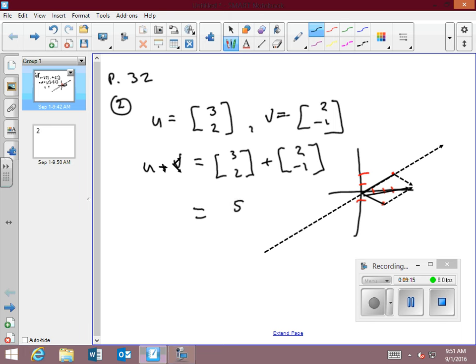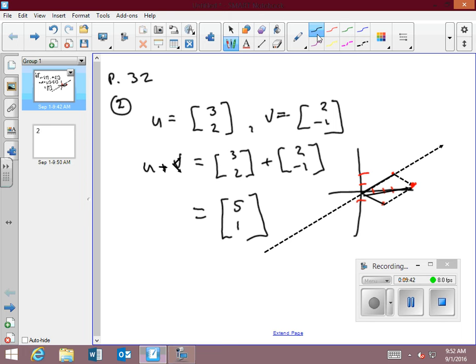Then the 2 minus 1 is 1. So it should be 5, 1. And that should be this point right out here, right? That's what that vector would be. And when you add, you're doing that parallelogram.